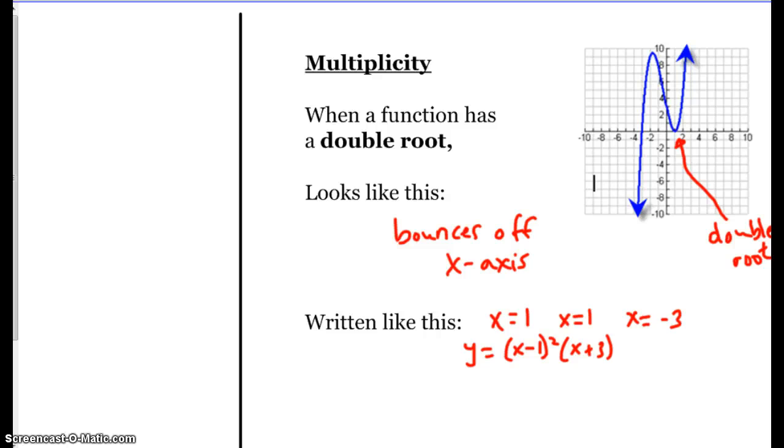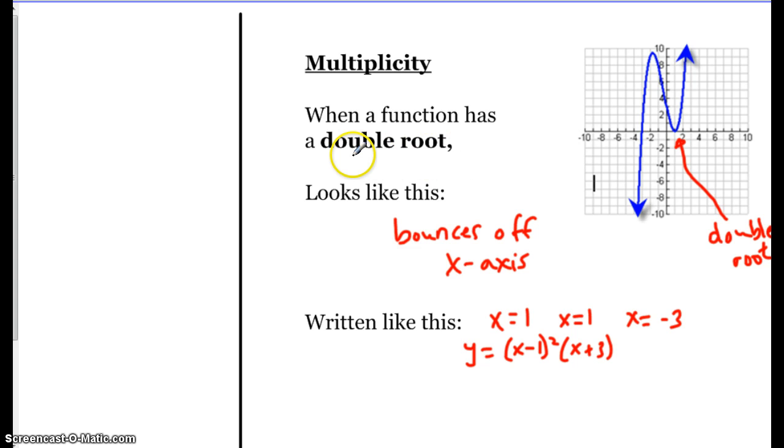So the roots that we saw before were all single roots. They had a multiplicity of 1. And that just means how many times is that root. So if you remember from our quadratic unit in algebra, remember how we talked about how this root was a double root when it touched the graph and bounced off, and it would be one real root, but it is the same root twice.